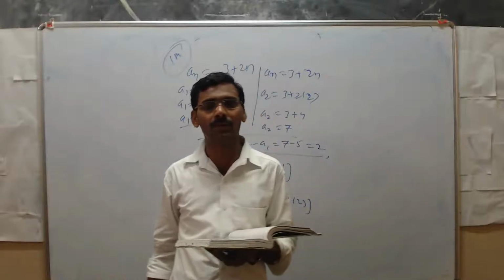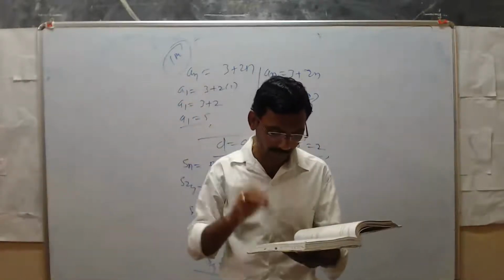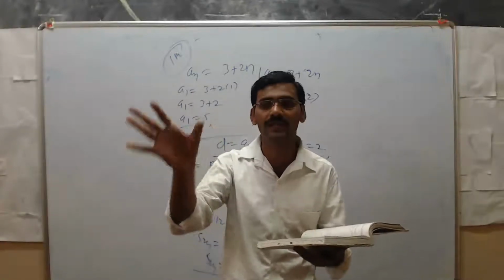In the third year they have produced how many TVs? 600. Seventh year, 700 TVs. Then find the production in the first year.